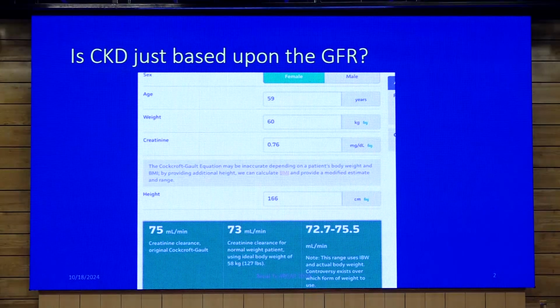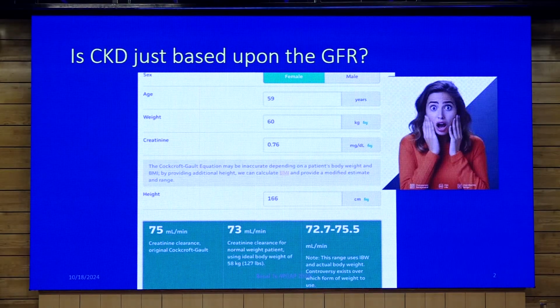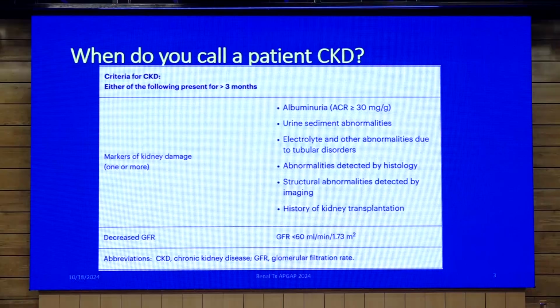Now the reason I'm putting this is, when a lot of my postgraduates come and present PACs to me, they will say, Madam, he's a 65-year-old diabetic, hypertensive, CAD, dyslipidemia. Okay, why is he CKD? What's his creatinine? Creatinine is 1.5. So remember, not all creatinine elevations are CKD. A CKD should only be diagnosed in the proper context.